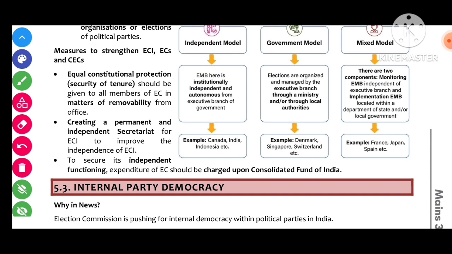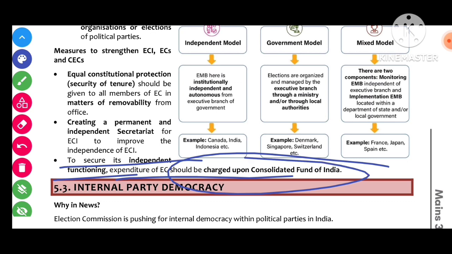Such as equal constitutional protection, creating a permanent and independent secretariat, and independent functioning. Expenditure of the Election Commission should be charged upon the Consolidated Fund of India. So you can remember here.